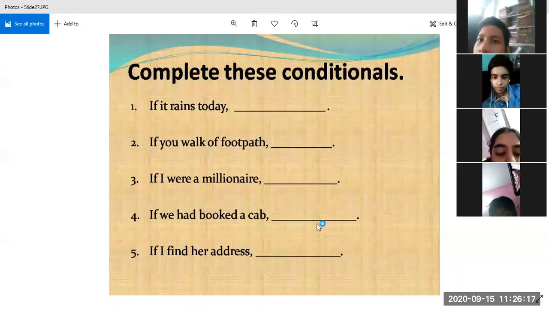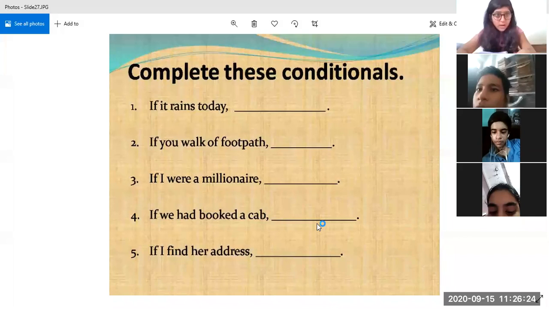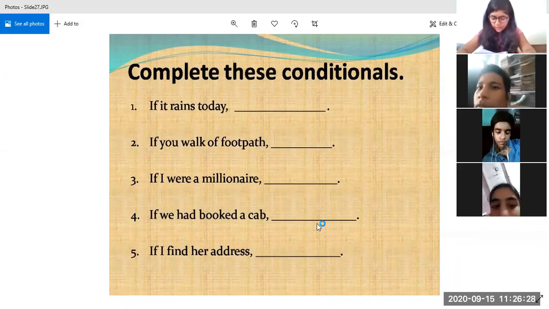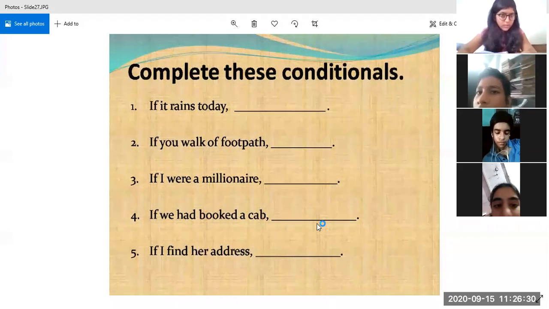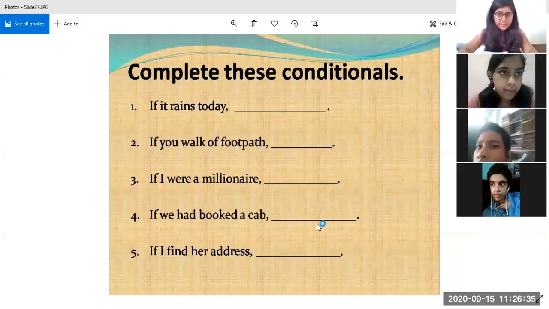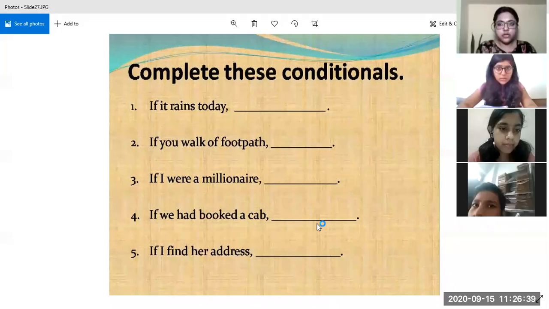Correct? Okay. Anybody else having a different answer? Who has written the sentence in zero conditional? Who has used the simple present tense in the main clause also? Is there anyone? Anyway, that is also correct.